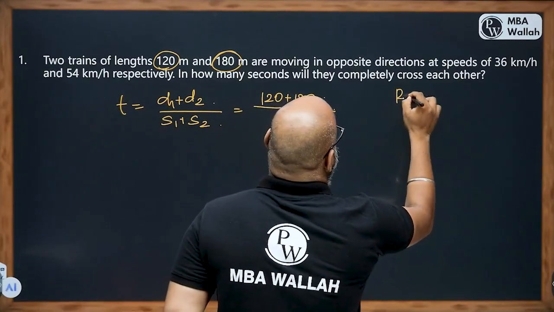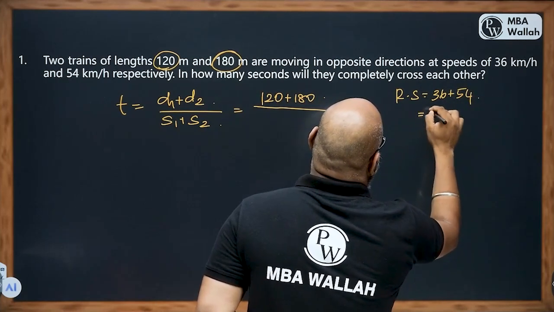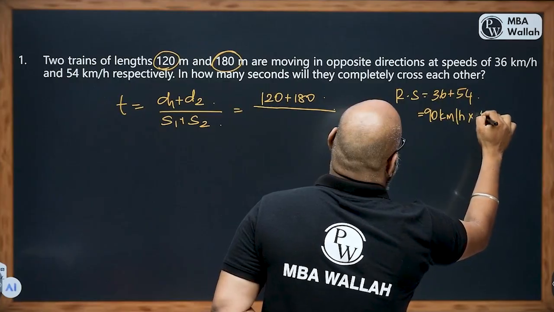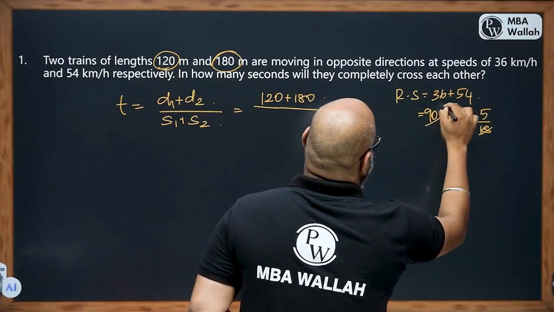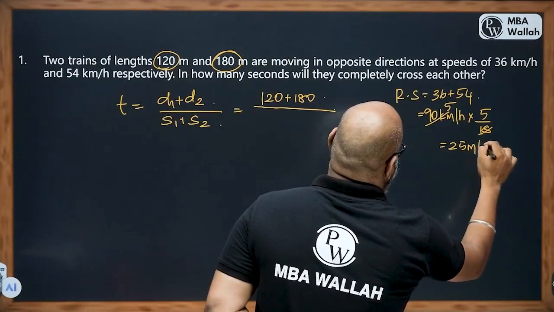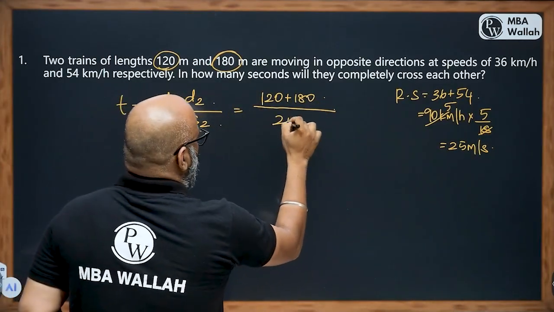So relative speed is 36 plus 54. That's 90 kilometers per hour into 5 by 18. This is 5 into 5, that's 25 meters per second. Substitute the value of s1 plus s2 as 25.